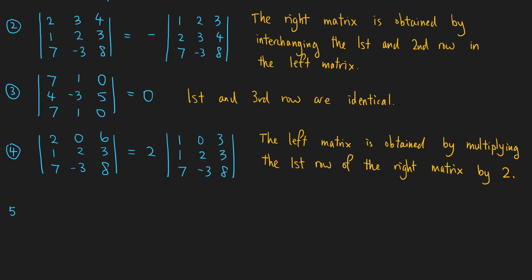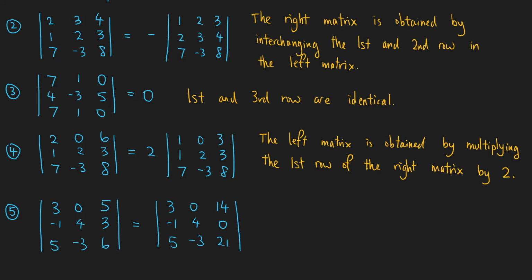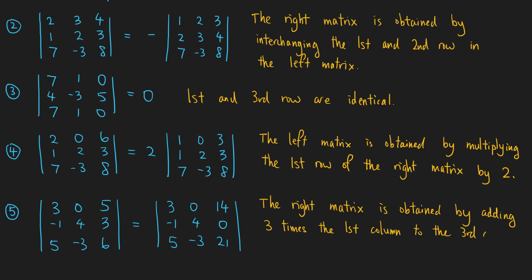As the fifth example, the determinant of 3, 0, 5, -1, 4, 3, 5, -3, 6 equals the determinant of 3, 0, 14, -1, 4, -140, 5, -3, 21. This is because the right matrix is obtained by adding 3 times the first column to the third column in the left matrix.